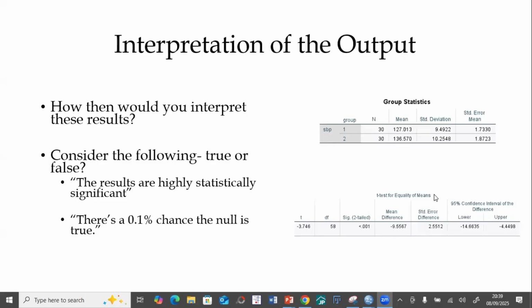So if you had to convert 0.001 into a percentage, then someone would say there is a 0.1% chance that the null hypothesis is true, that there is a 0.1% chance that there is no difference, and therefore the results are significant because the chance of there being no difference is very small. What do you think about those two statements? Do you think they are accurate interpretations of the p-value? Because this is exactly what you come across in most literature.